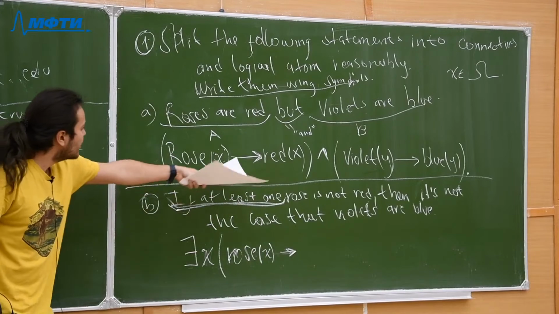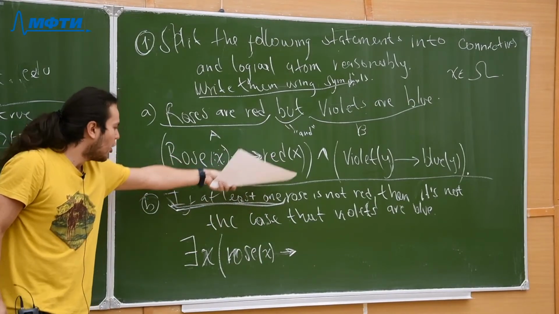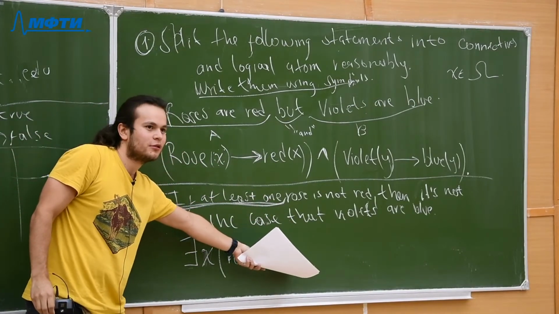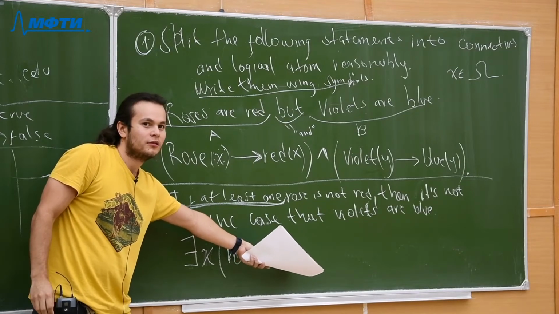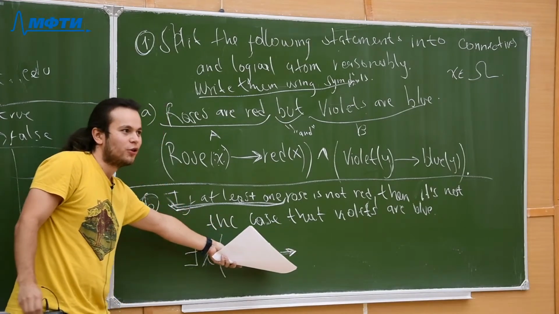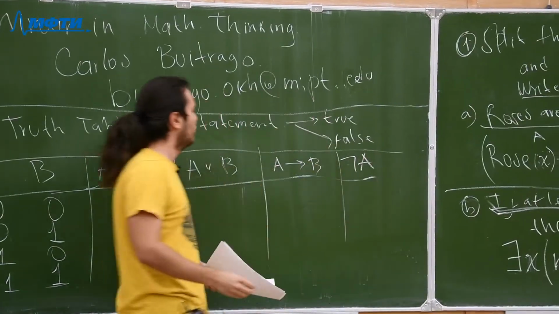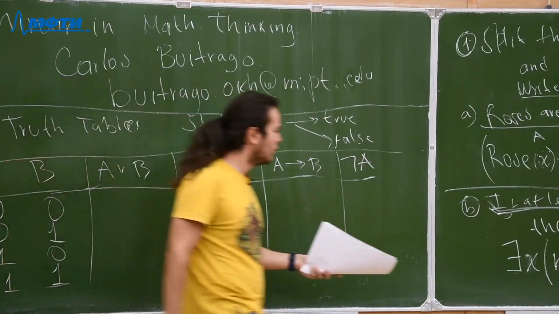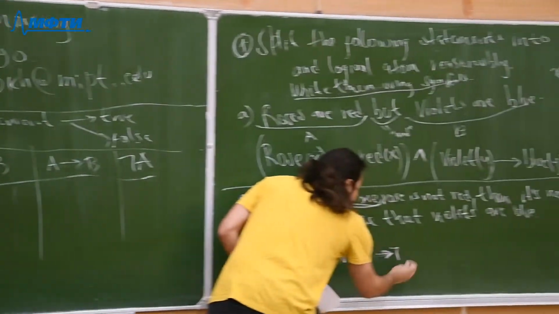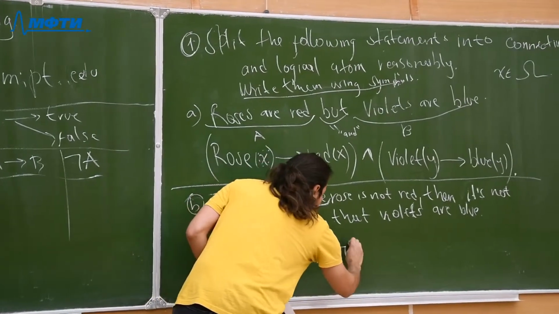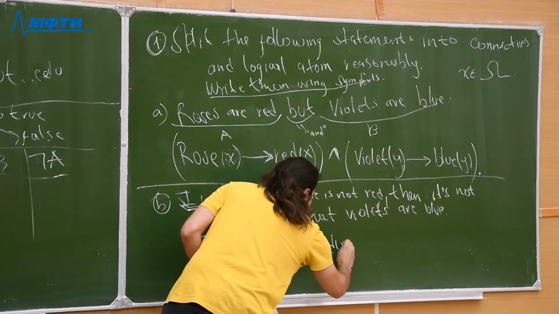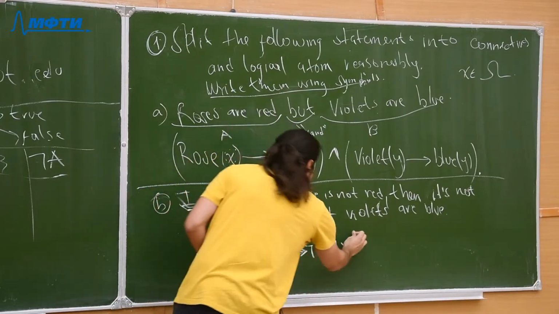So we said here is red. How do you say here is not red? Negation, yes. So it's not red. Okay?